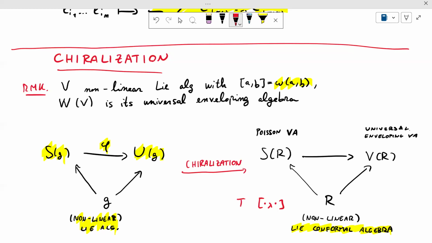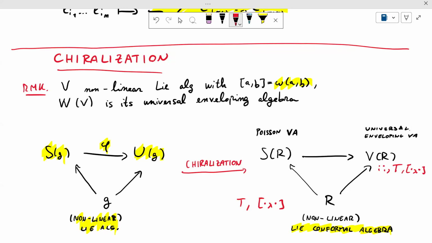And we also get this derivation T. Its universal enveloping algebra is called the universal enveloping vertex algebra. It is a vertex algebra that can be thought of as an associative algebra with this normally ordered product, this derivation T, and again the lambda bracket.